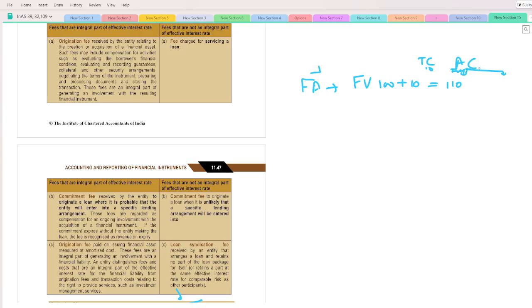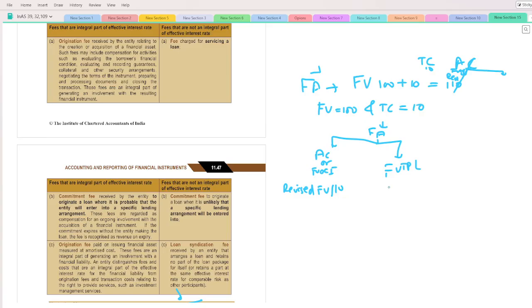So for the financial asset, for the amortized cost or FVOCI, your revised fair value is 110. But for the FVTPL, it will be 100 only, because there this transaction cost will directly be charged in the P&L.